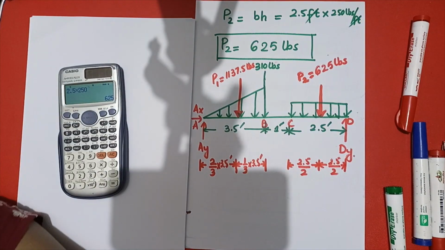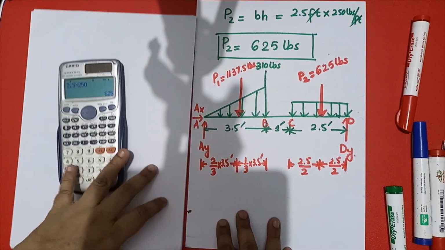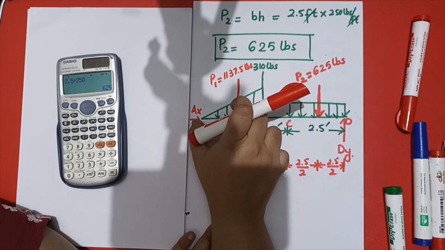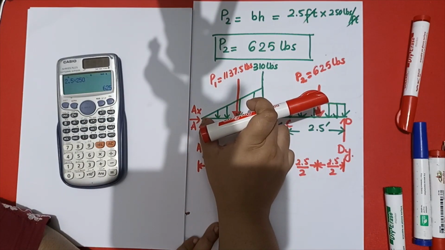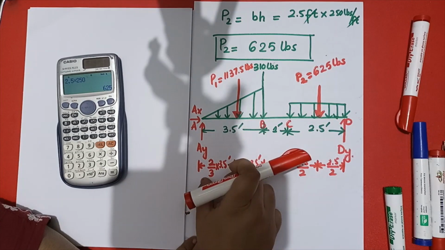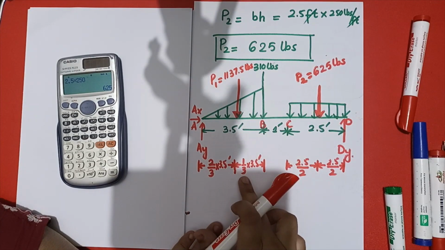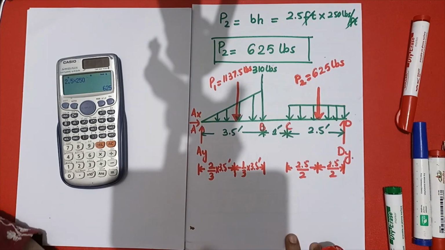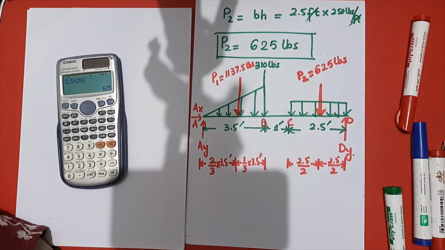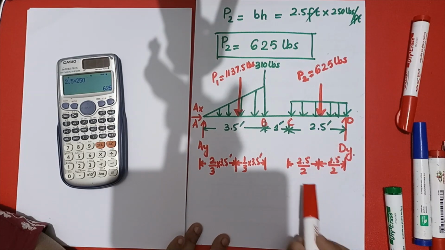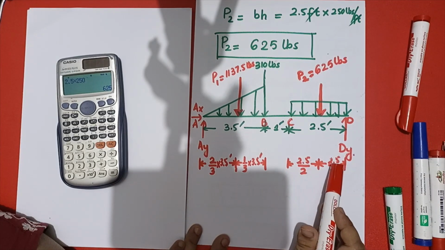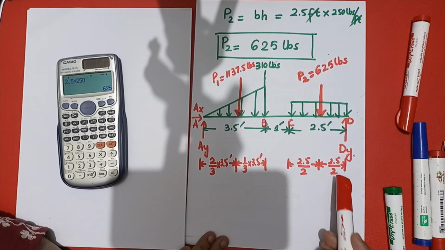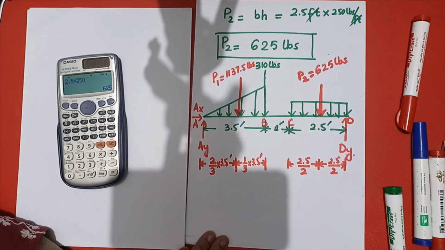So this is the distribution of the length for the triangular loading and for the uniformly distributed load.